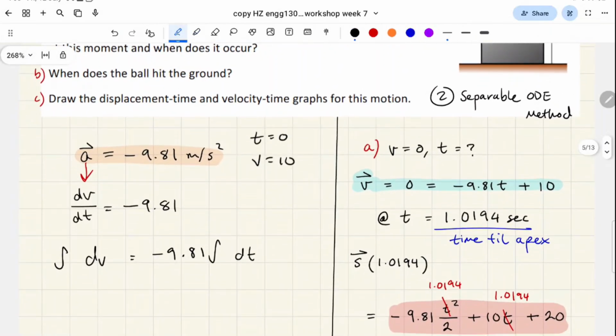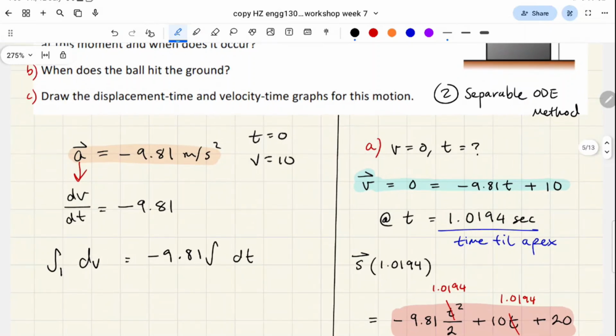Because the initial velocity was 10, we're going to put that as the starting integral bound on the velocity side, right? And then we just imply that time starts at 0, right? Then over on this side, this is the initial time, right?